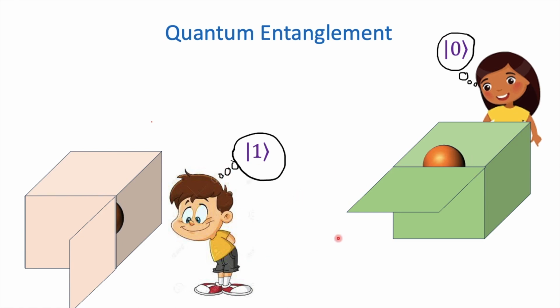So without the same process of measurement, you cannot say whether the particle is in an entangled state or not. To understand the entanglement process, you should keep in mind that quantum entanglement is a bit delicate.